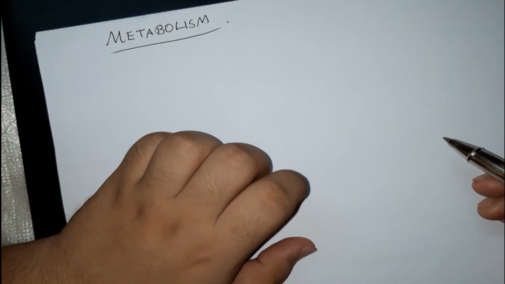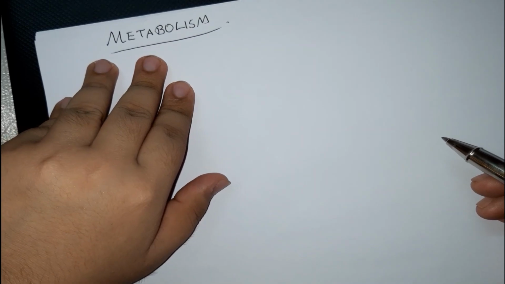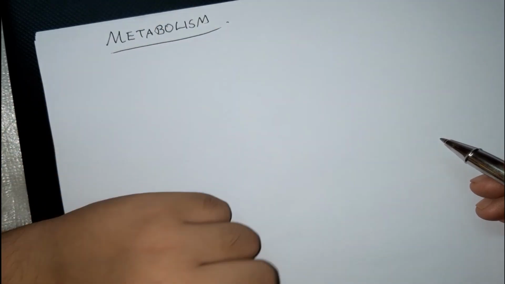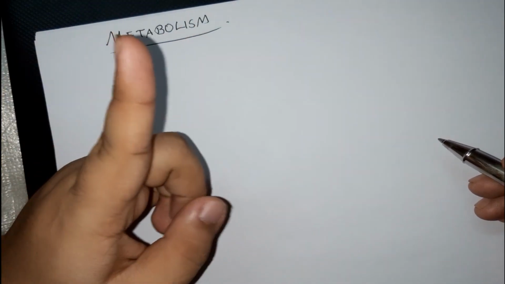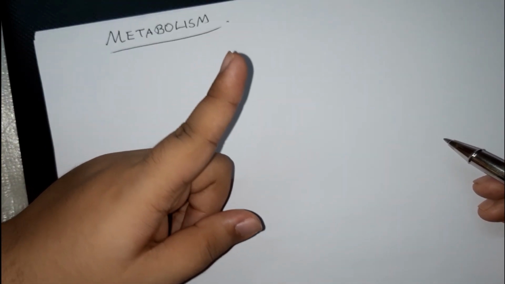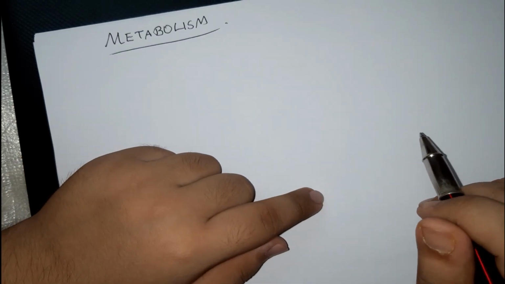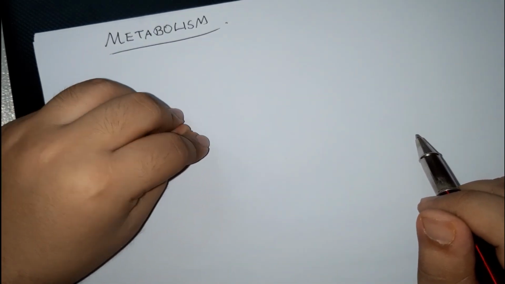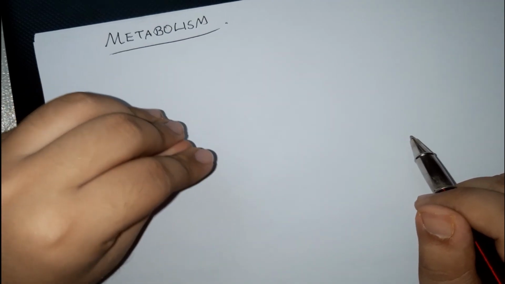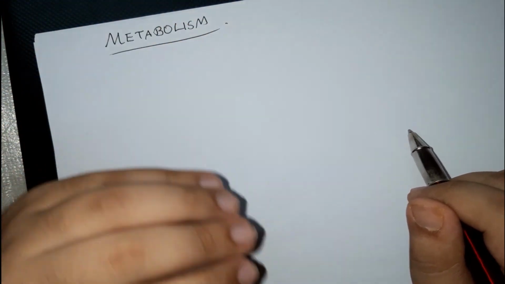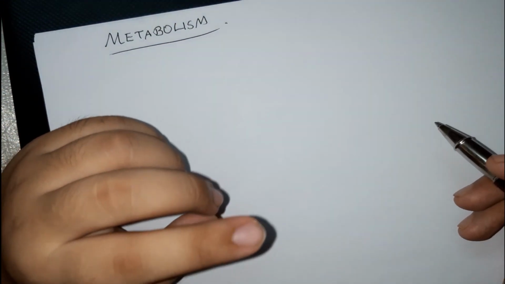Now before we go on to the actual metabolism of carbohydrates, it's very important to know one last thing pertaining to glucose as such. That is the normal level of glucose in the blood. Very, very important. It's so important to know the value of glucose.